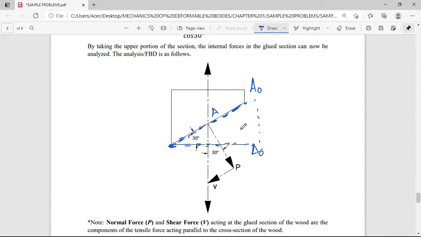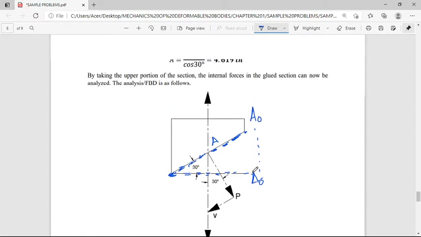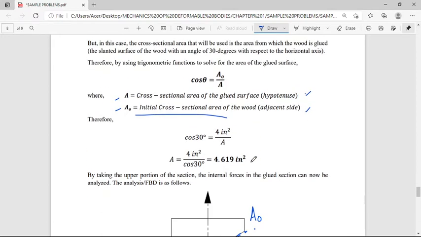Ayan. Therefore, we have here cosine of 30 degrees equal to yung ating adjacent side na 4 square inch over yung ating hypotenuse or yung unknown value ng A at the glued portion of the wood.